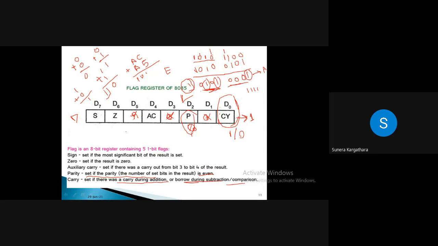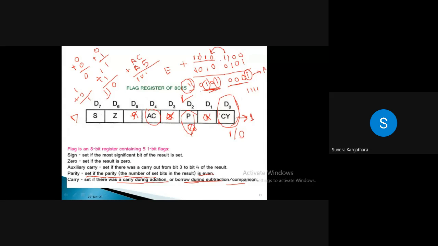Now after that, again D3 bit is don't care. Check D4, it is auxiliary carry. Now what is the meaning of auxiliary carry here? If you are adding two numbers, performing an addition operation or a subtraction operation, for example, and your carry is propagated from D3 to D4, understand it very clearly.